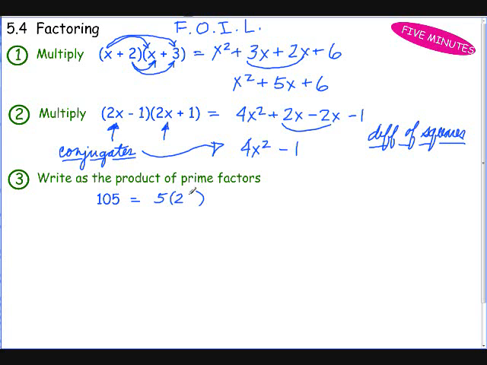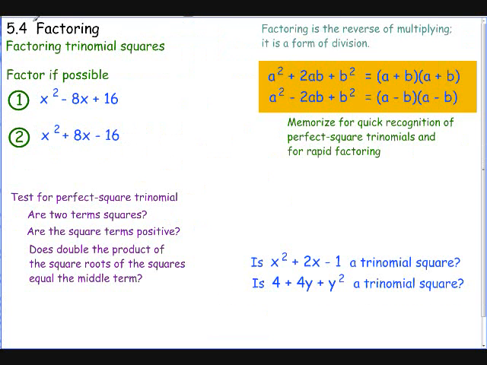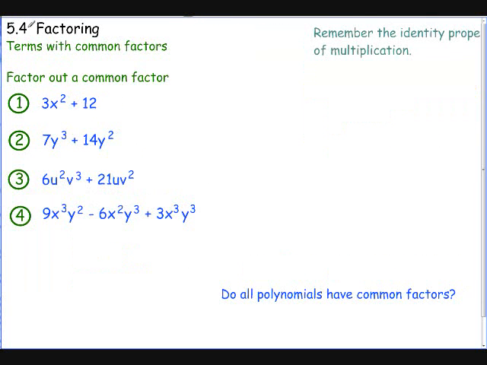Okay, 21. I heard you. And 21, can we factor that? So we've got 5 times 3 times 7. So there it is, written as the product of prime factors. We're ready to move on. Whoops, not that quickly though.